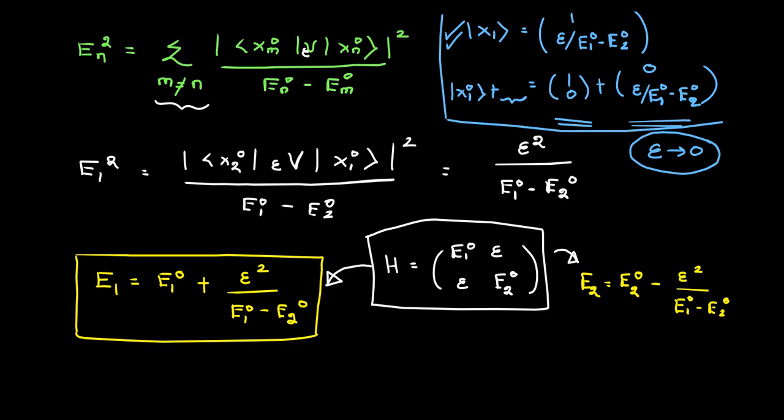Also there are formulas to find the eigenstate corrections. For example, one formula for finding the first order correction to the eigenstate may look like this.